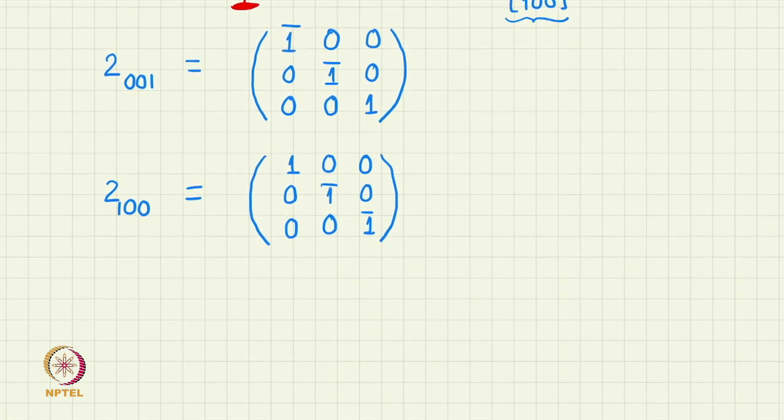And finally, let me write for 0 1 0 also. Now, this is a rotation about the y axis. So, the x axis goes to its negative, the y axis remains invariant and the z axis goes to its negative.